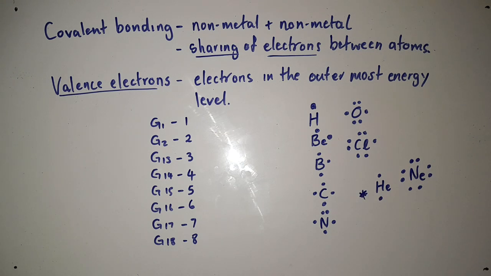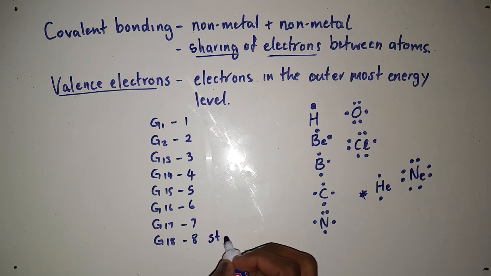All the elements in group 18 are stable. They don't need to share because their outermost energy level is full. These numbers represent the valence electrons of elements in group 1 till group 18.